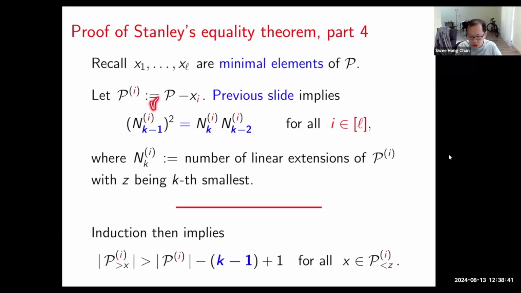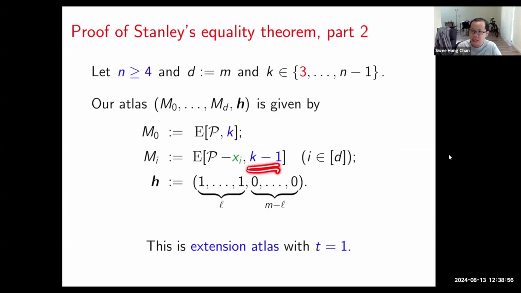Notice that this is for the smaller poset Pi, not for the poset P anymore. And also notice that k becomes k minus 1. This is because if we go back to the definition, the number here is k minus 1, not k. That is a detail that is important for the induction.